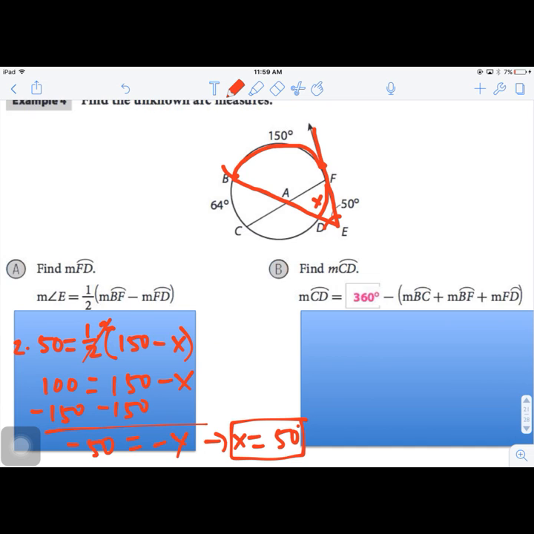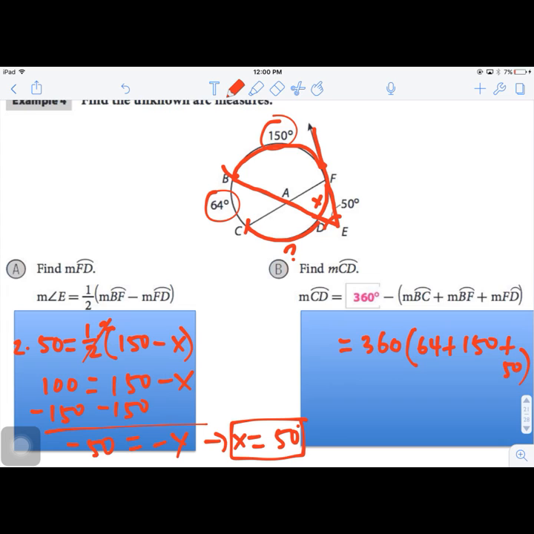Next, we're looking for the arc of CD from here to here. So notice from here to here, the entire circle is already almost given. So it's going to be 360. The only unknown left is going to be 360, the full circle, minus the arc BC, which is 64, plus BF, which is from here to here, 150, plus FD, the one that we just found, which is 50.